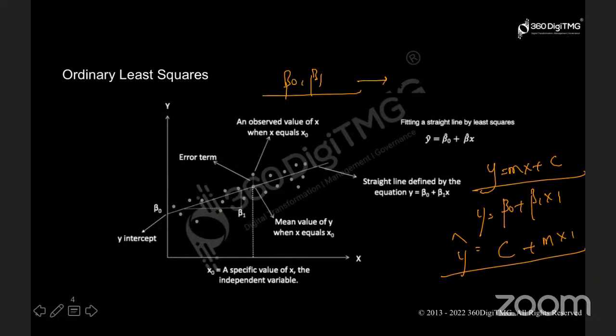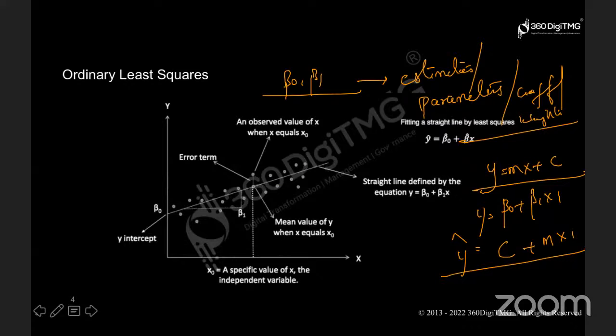Beta naught and beta 1 are called estimates. They are called parameters. They are also called coefficients. Parameters which the model will give you, and you cannot touch them, you cannot tune them.